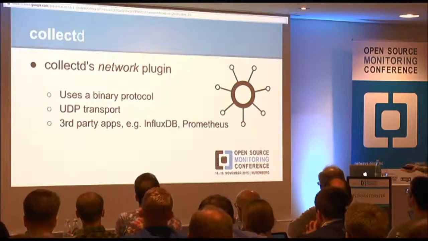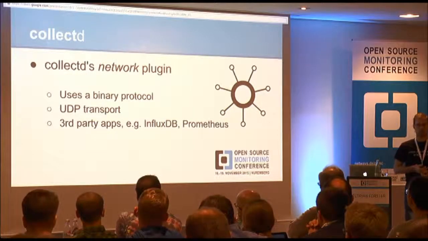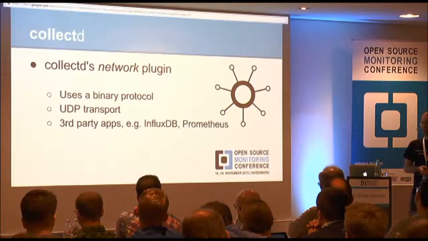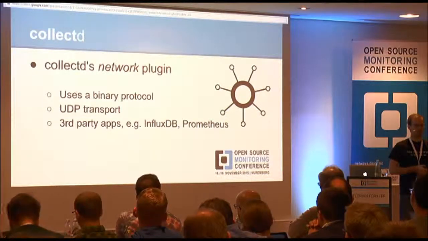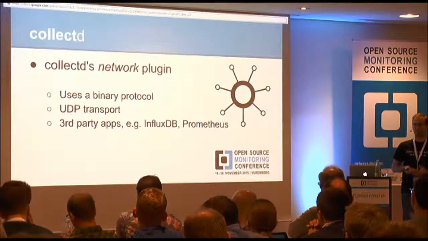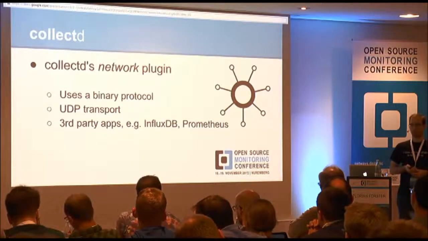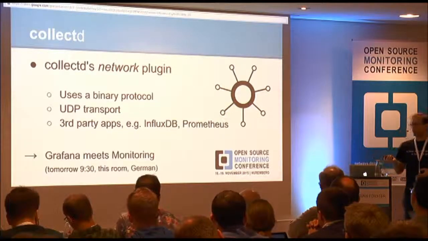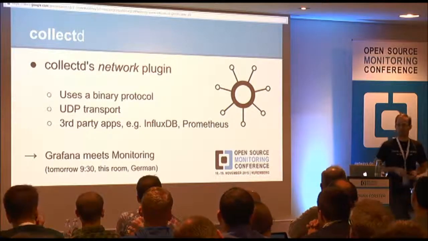It's using a binary protocol on UDP. It's quite efficient. It's quite small packets, hold a lot of data. And there is a number of applications that implement support for this protocol. One of them is InfluxDB, and there's a talk tomorrow at 9:30 in this room that will talk about InfluxDB and Grafana.